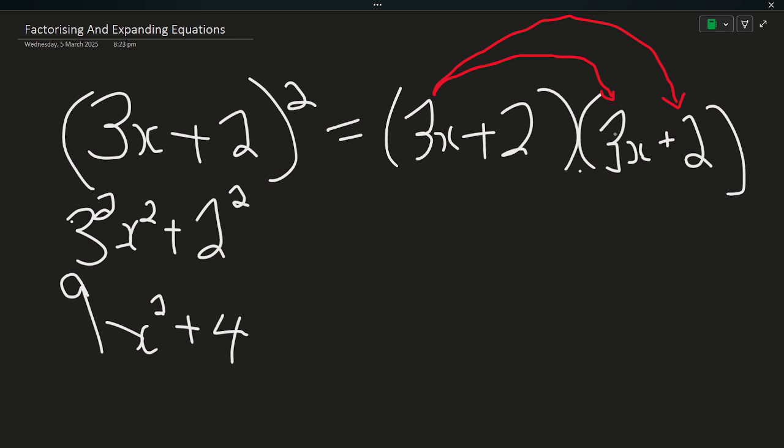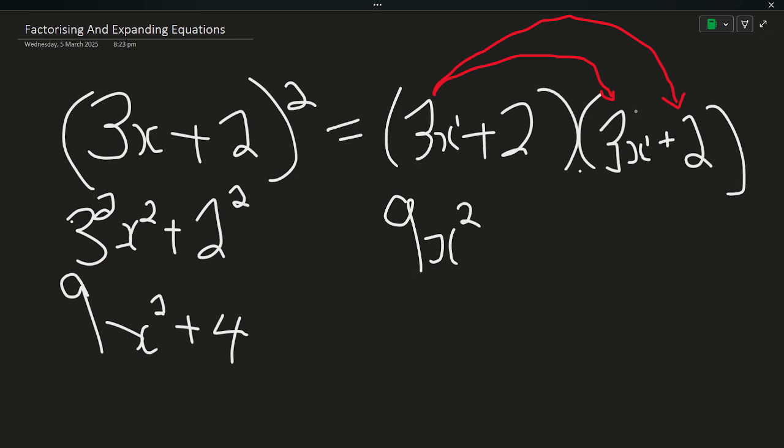So 3x times 3x is equal to the powers of these two added together, so it'll become x to the power of 2, so 9x squared.